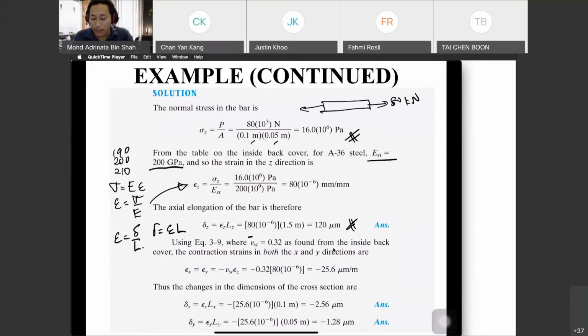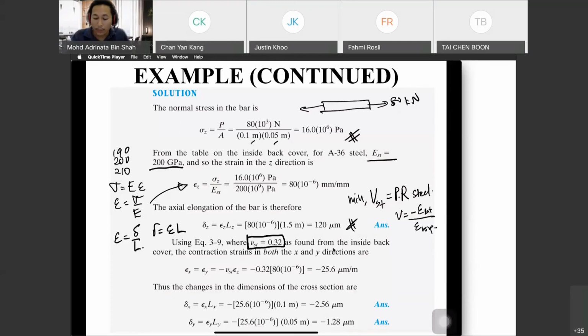given, we call it mu, Poisson's ratio. So Poisson's ratio, mu, is the negative of lateral strain divided by longitudinal strain.